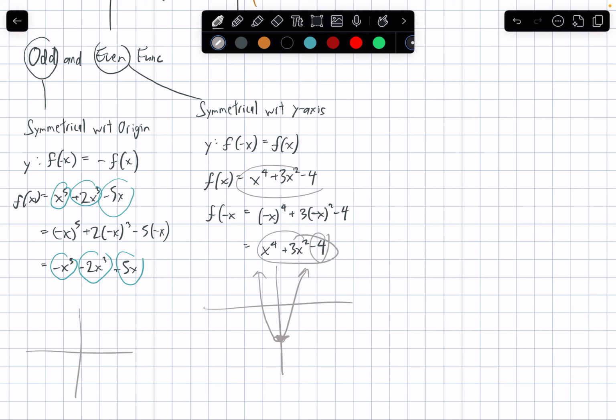It's probably the constant, but I can't verify. I don't really remember it, like I said. Let's say here, in the even function example, it looks like this in the graph. So symmetrical with respect to the origin. That's what it looks like. It is symmetrical.